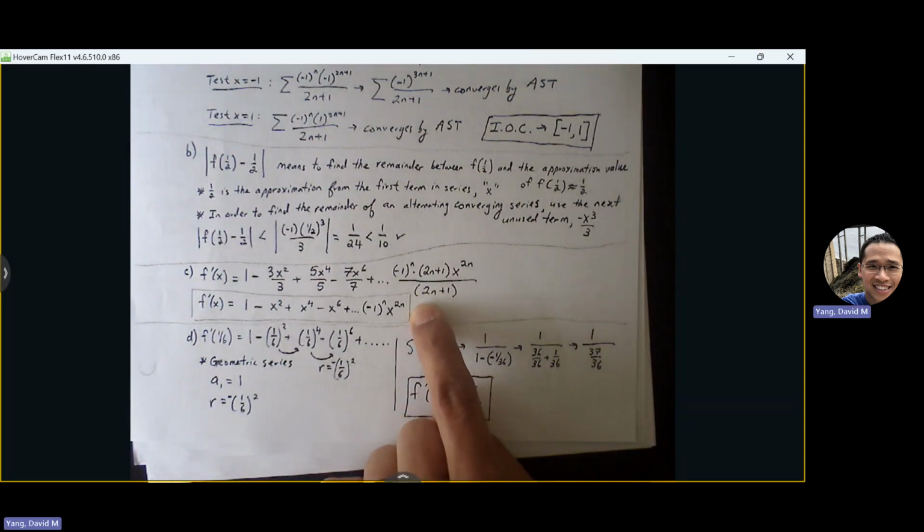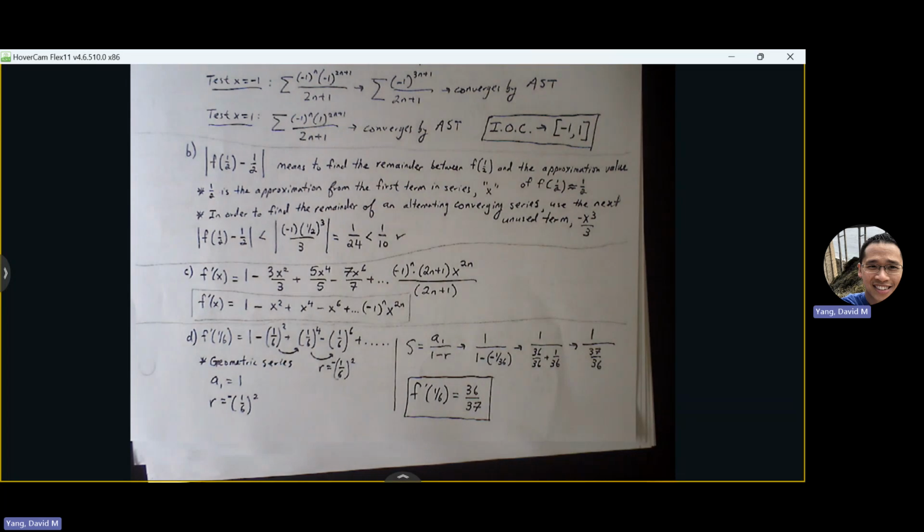It cleans up to be just negative 1 to the n times x to the 2n as your general term. So this is my cleaned up f prime. All we're doing is applying power rule to the f of x that they provide for us at the top of the page.